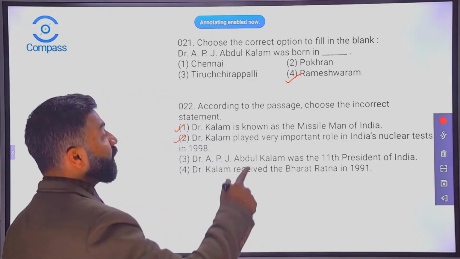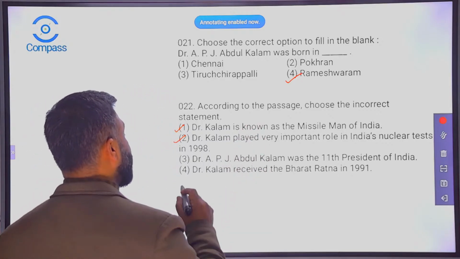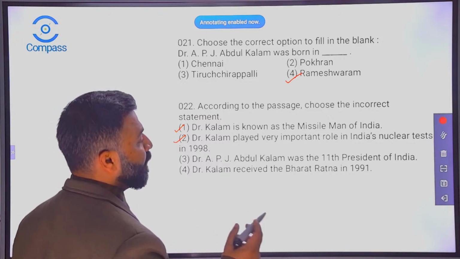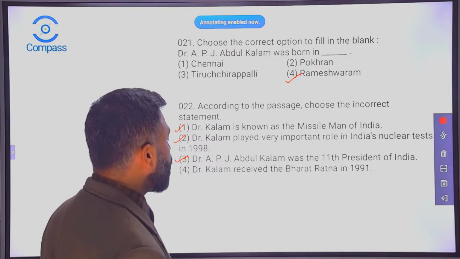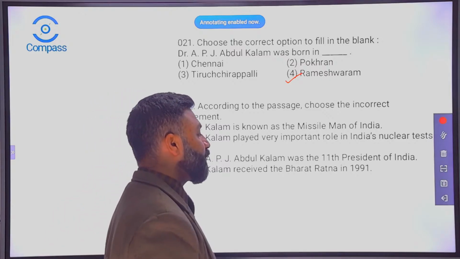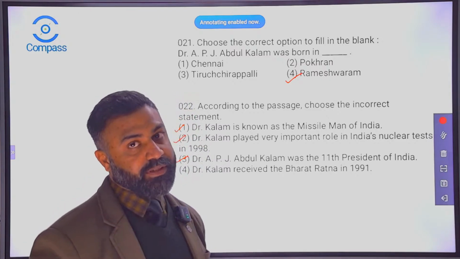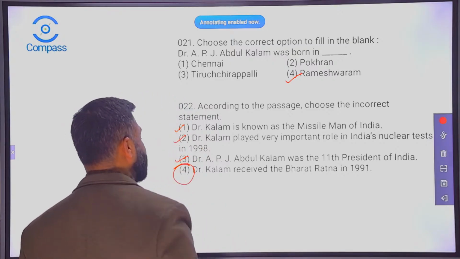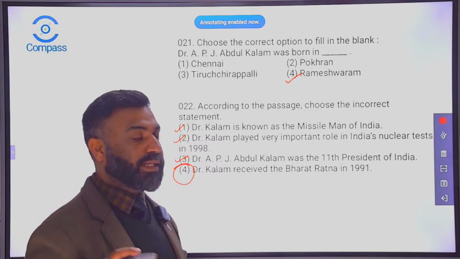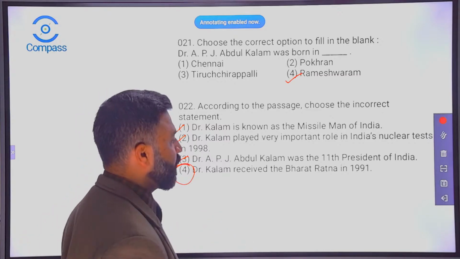We have to find out the incorrect one. Dr. APJ Abdul Kalam was the 11th president of India. That is also correct. What about the fourth one? Dr. Kalam received the Bharat Ratna in 1991. Now that's incorrect, right? So the right option to put a tick mark is number 4.